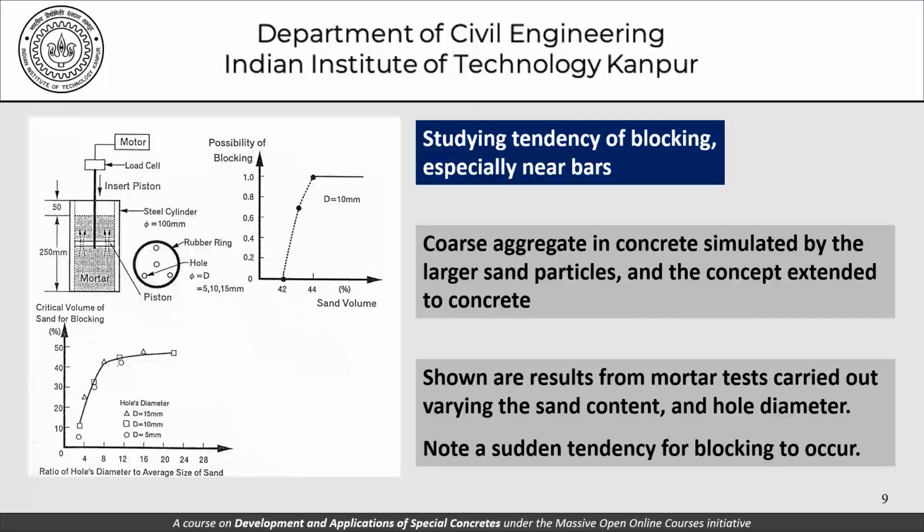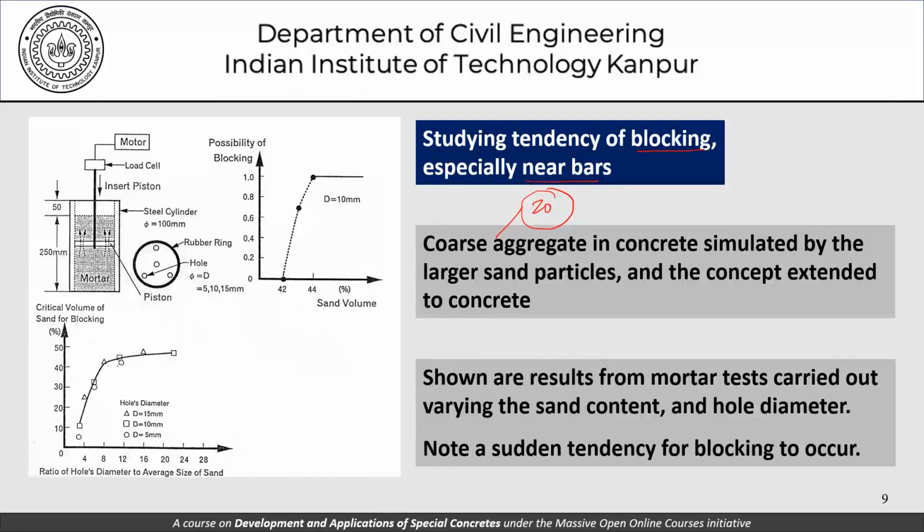These are some experiments which were done to better understand the tendency of blocking, especially near the reinforcing bars. Now these experiments need not be carried out using coarse aggregate themselves. We don't have to use coarse aggregates of 20 mm, because there are issues relating to the size of the equipment and, as you shall see, the details involved therein.